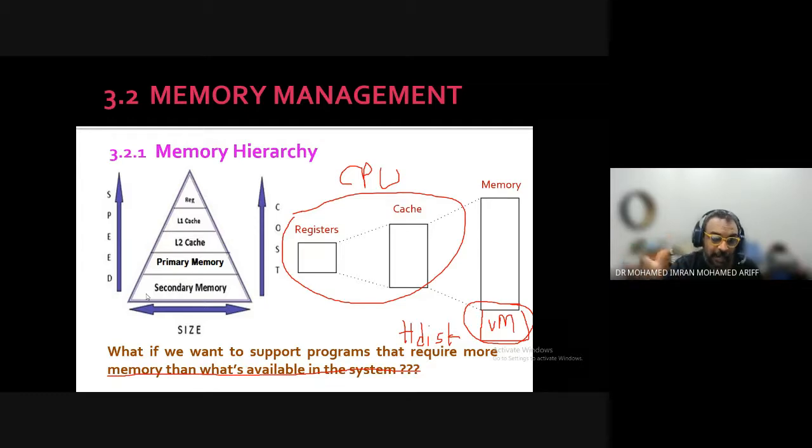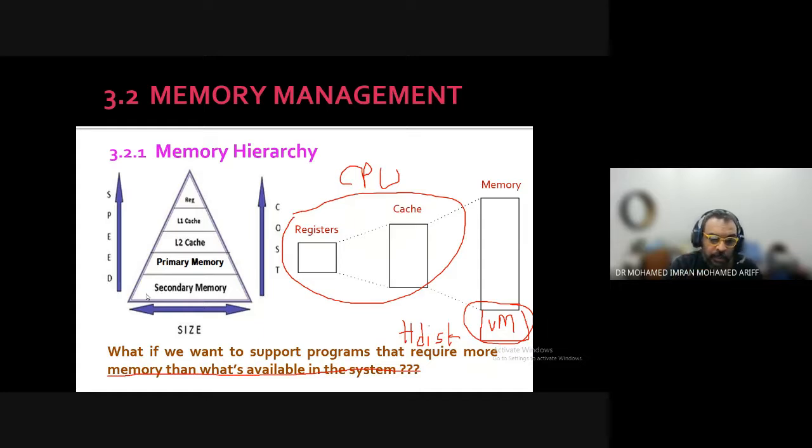And then you have your primary memory, which is your RAM. And then you have your secondary memory, which is your hard disk. So this is the hierarchy. If the memory system wants to move from one level to another, it has to go through one after another. It cannot jump straight, because of the speed difference and the size difference.